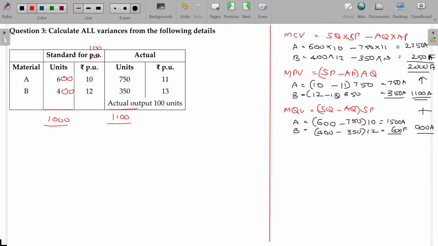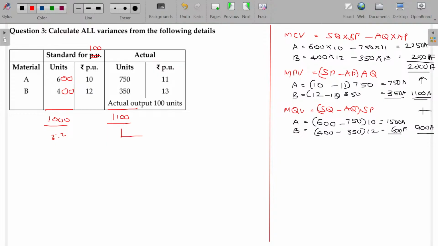Come on, tell me, what about the mixture of A and B, the proportion of A and B introduced as input? As per the standard, it is 600 and 400, otherwise 6 is to 4, otherwise 3 is to 2 is the ratio. Now the question is, would 1100 also be in the same 3 is to 2 ratio? Definitely not so.